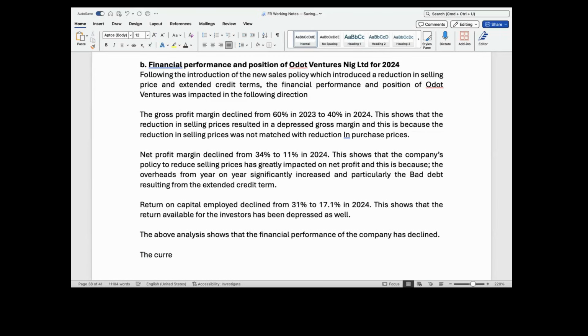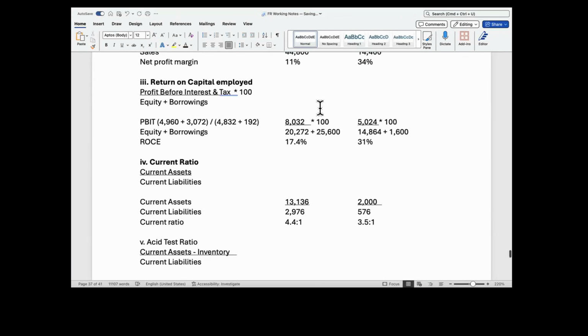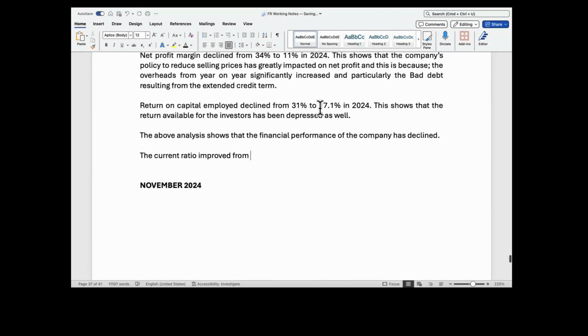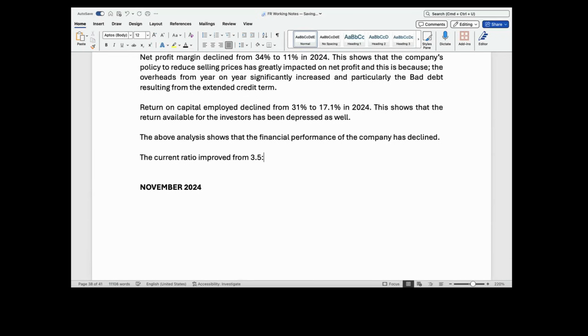Then the current ratio improved from 3.5 to 4.4. So 4.4 ratio 1.